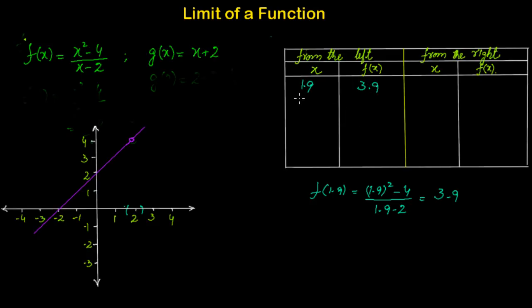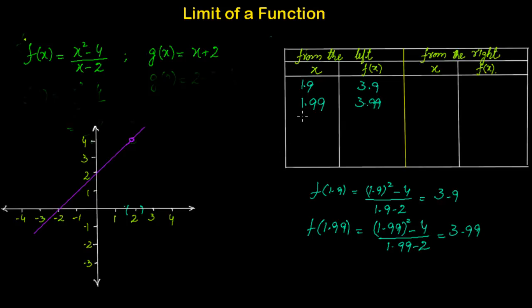Similarly, next point I will take to the left of 2, but much closer to 2, I will take 1.99. When we look at f of 1.99, it will be simply 1.99 square minus 4 divided by 1.99 minus 2, that will be equal to 3.99. So here I'll be getting the point 3.99.